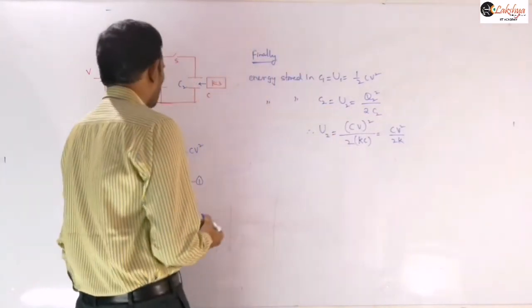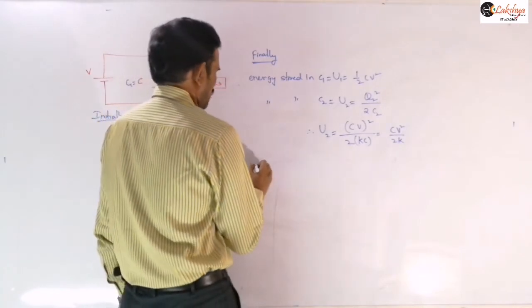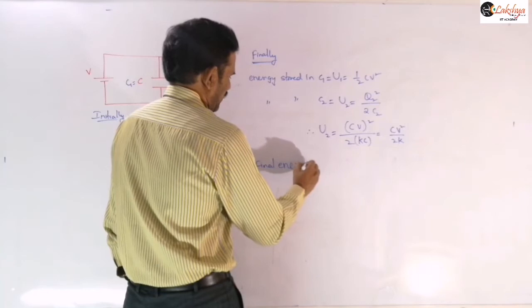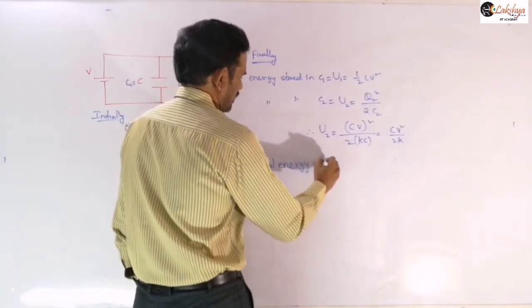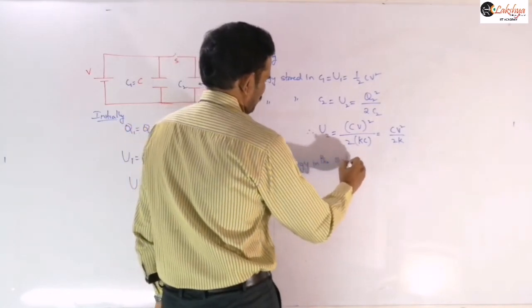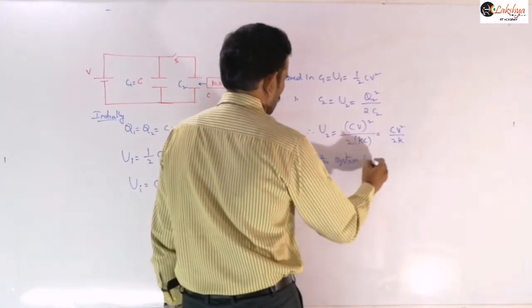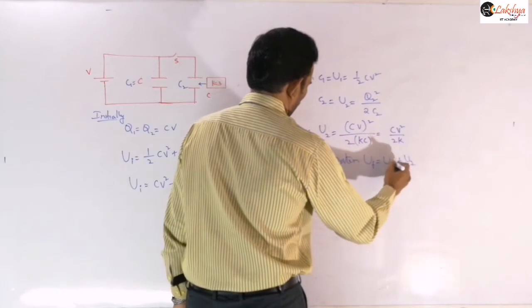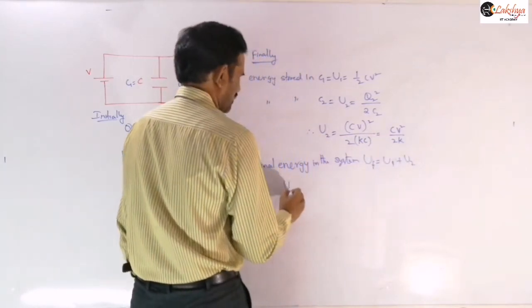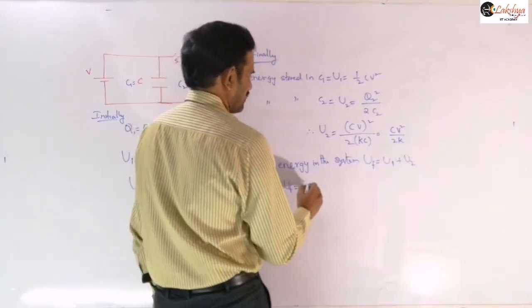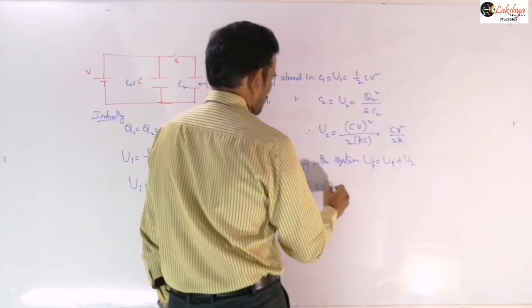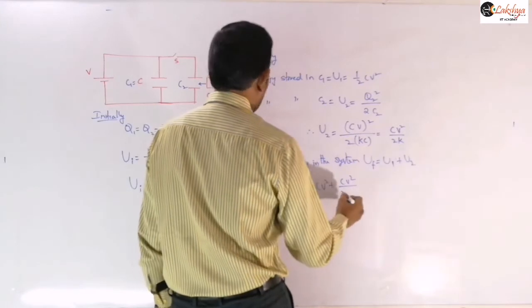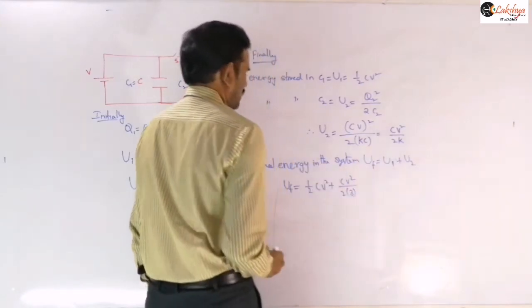The K value is given as 3, you can substitute that. Therefore the final energy in the system, U final, is equal to U1 plus U2. It is half CV square, U1, plus CV square by 2 into K, and K is nothing but 3, right?